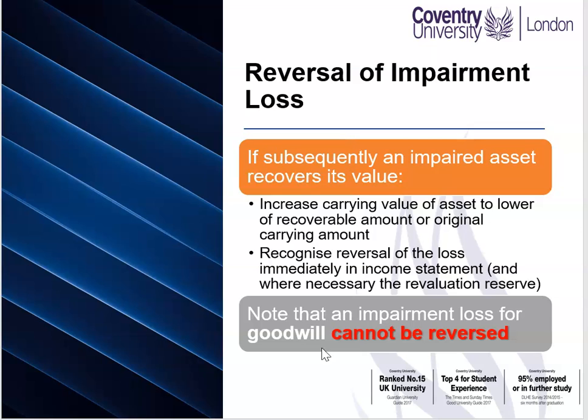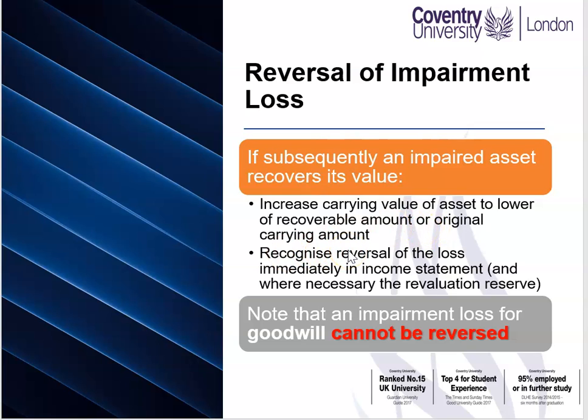It is possible that events may change in subsequent years so that the impairment loss may be reversed. So if subsequently an impaired asset recovers its value, then you reverse it in the year of recovery by increasing the carrying value of the asset to the lower of the recoverable amount or the original carrying amount.